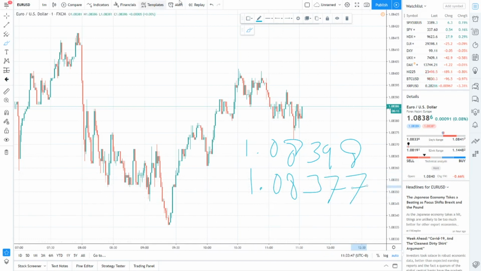Usually, like I told you, pips are measured in 4 decimal places. So 1, 2, 3, 4. This is the digit that we are going to calculate.